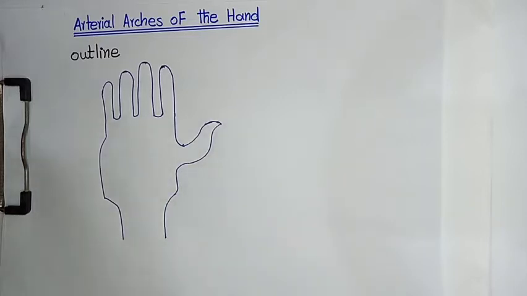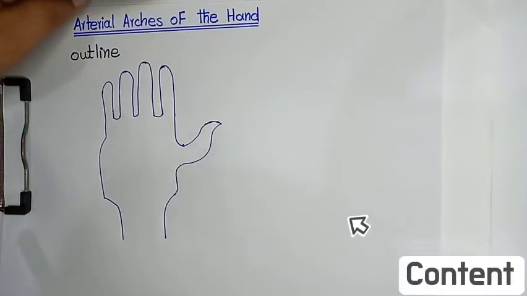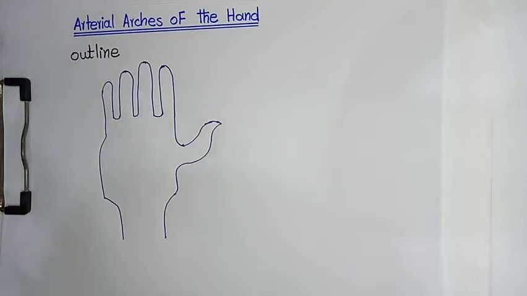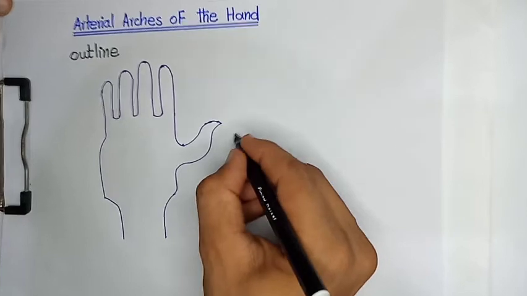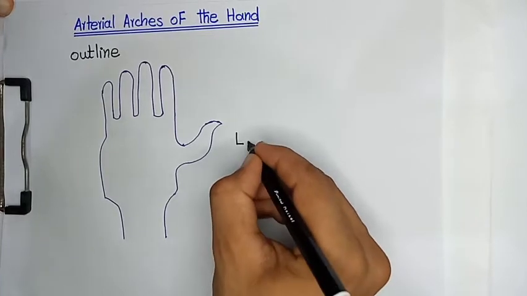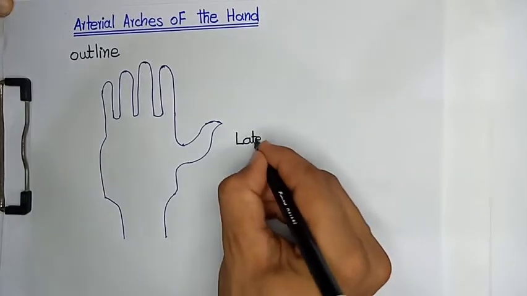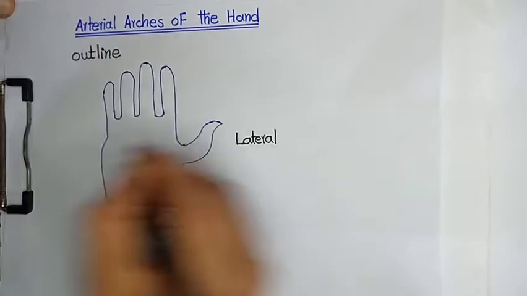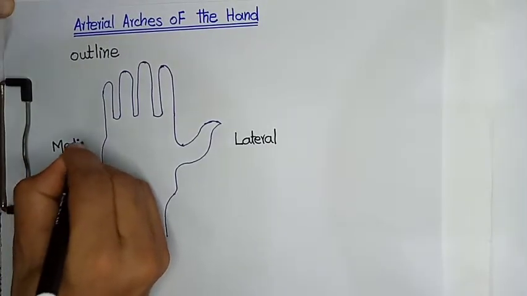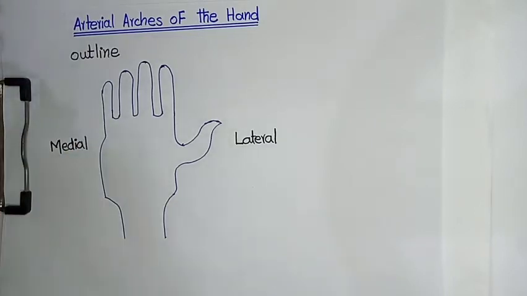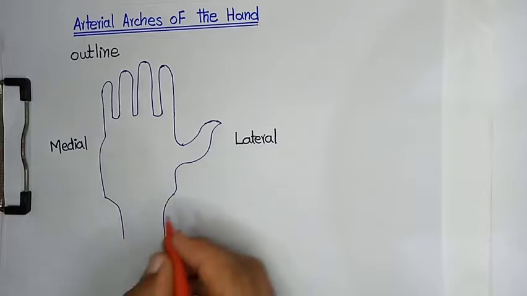This is the clear outline of hand. Now to represent the artery with red color, first we must represent the sides. This is lateral side and this is medial side of the hand.